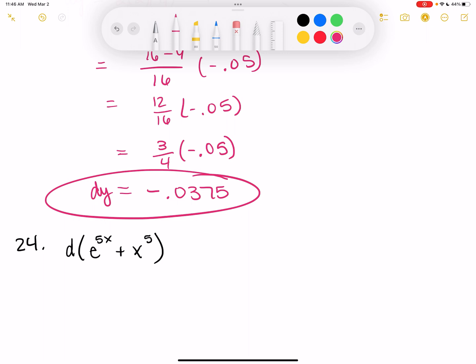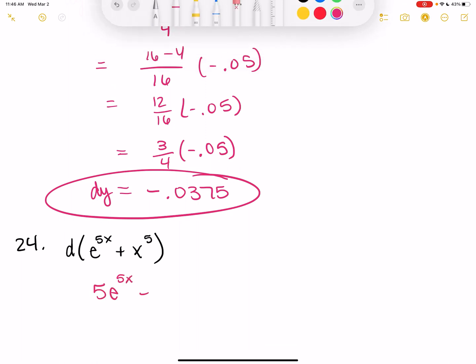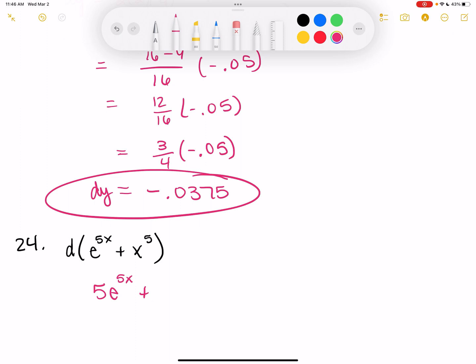The 5x. Okay, yes. So e to the 5x, we copy that down, we take the derivative of the 5x, so that's 5. So yes, it does end up being 5e to the 5x plus 5x to the 4th, and then we put parentheses around it, and we tack a dx on the end. And that's all you have to do.